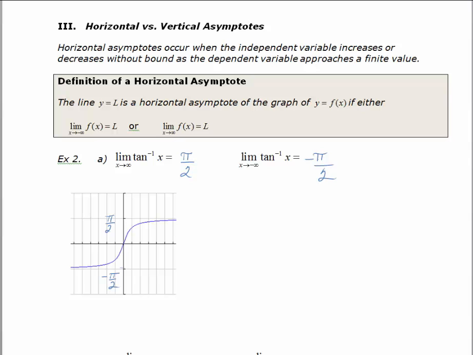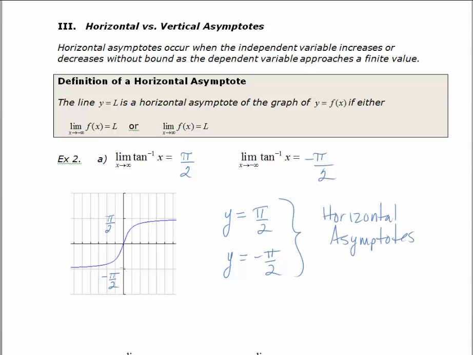Now what that means, according to the definition, when x approaches infinity or negative infinity and y approaches some L, then y equals L is your asymptote. It's a horizontal asymptote. So this function has two horizontal asymptotes, y equals pi over 2 and y equals negative pi over 2.